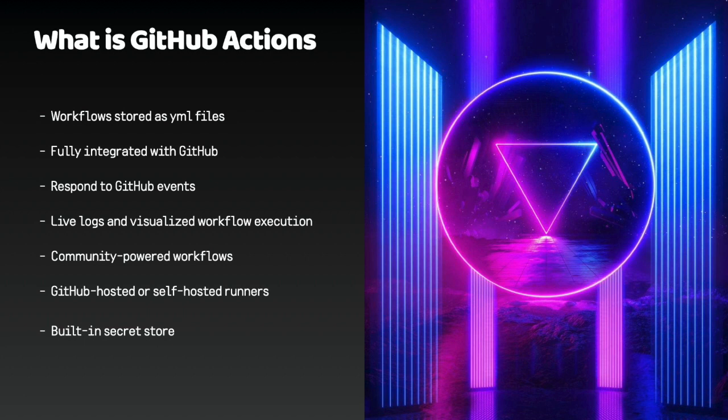Workflows are stored as YAML files, fully integrated with GitHub, etc. It also responds to GitHub events. There are live logs and visualized workflow execution, community-powered workflows, and you can run GitHub-hosted, or you can build your own self-hosted runners. And there's also a built-in secret store called GitHub Secrets.